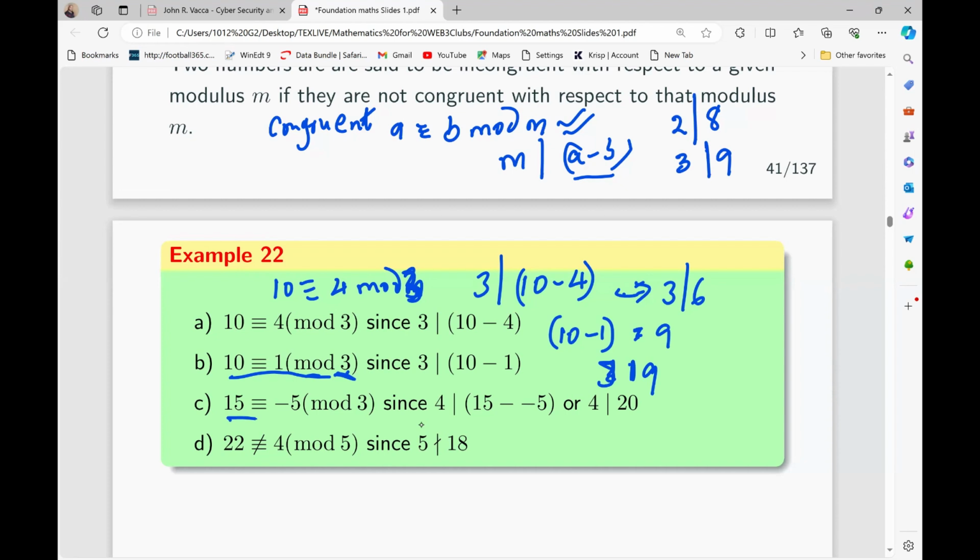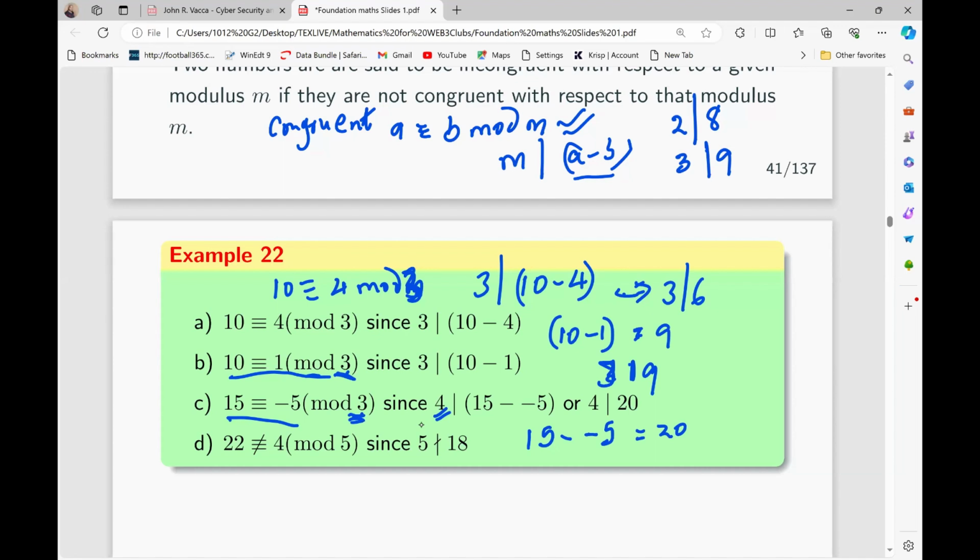In this case, the difference between 15 and negative 5 is 20. What is the mod here? I was using a mod of 3, but in my working, I used 4. I was planning to use 4, but I wrote 3 here.